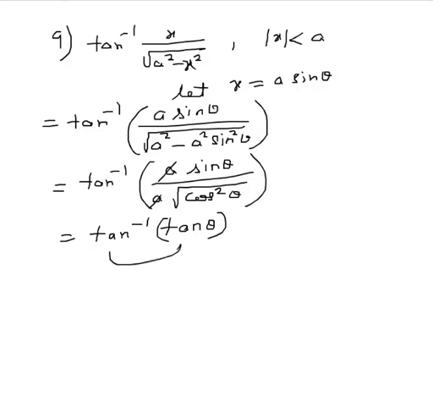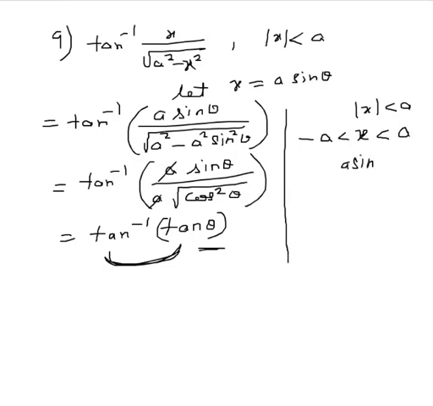Now tan inverse and tan could be cancelled only when theta is in the principal value branch. So we have to check absolute value of x is less than a. That means x is less than a, greater than minus a. X is a sine theta. This is our substitution for x. Let us cancel a throughout. Take sine inverse throughout.